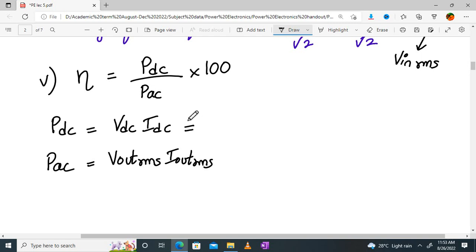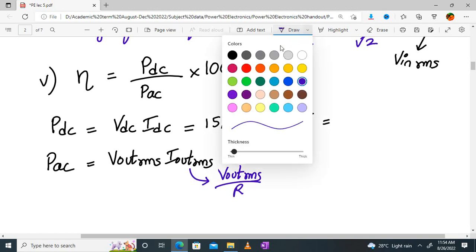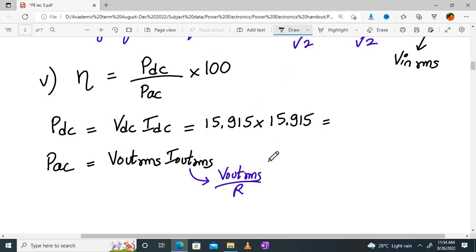What is VDC? 15.915. And what is IDC? 15.915, the same. So multiply this and get the answer. Actually, I out RMS will be V out RMS upon R. So PAC will be nothing but V out RMS square divided by R.